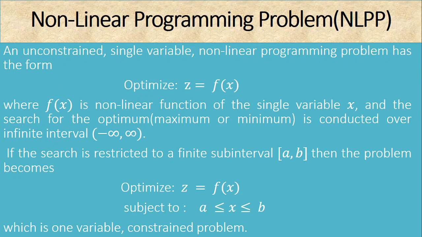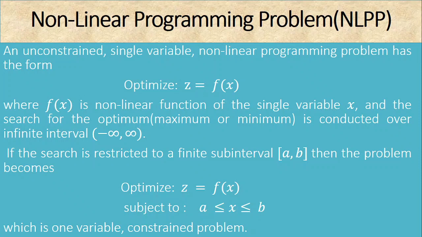Now coming to the nonlinear programming problem. A nonlinear programming problem usually refers to a problem where the objective function becomes nonlinear, or some of the constraint inequalities hold a nonlinear relationship, or both of these are nonlinear.